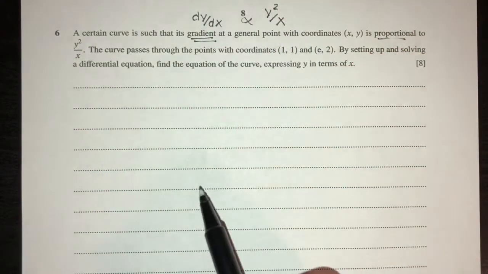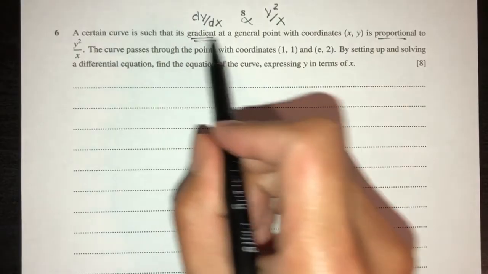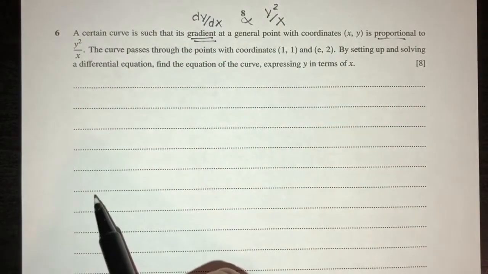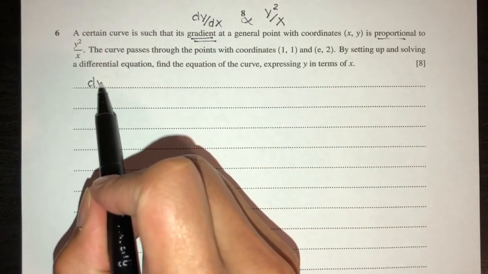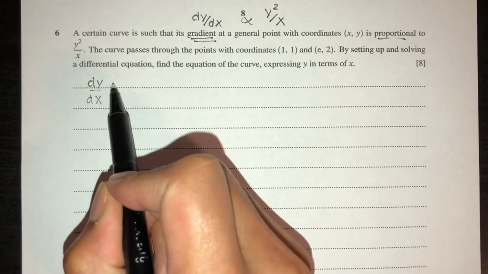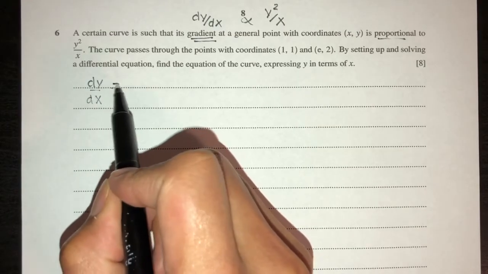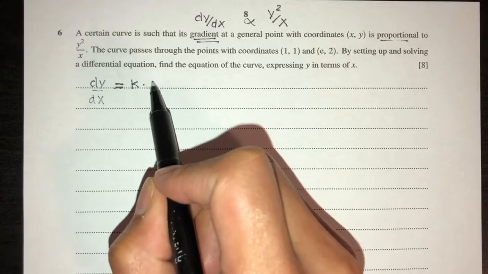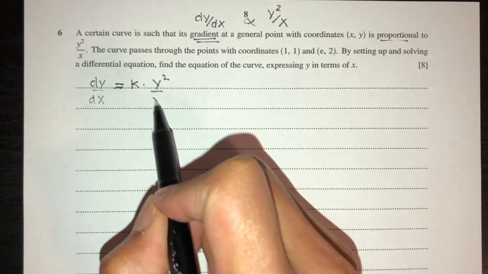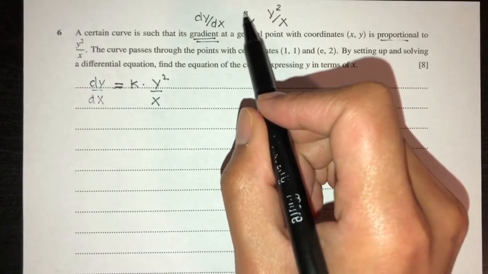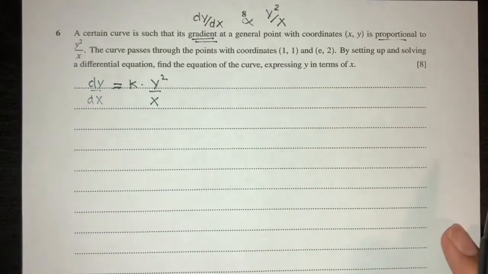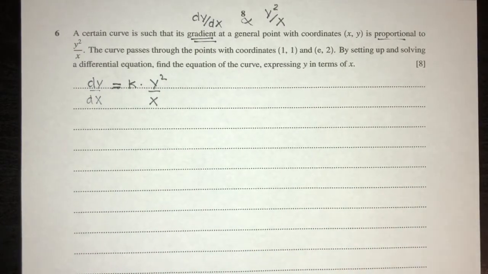So we have one equation from the first line of your sentence: dy by dx is equal to k times y squared over x, where k is a constant.